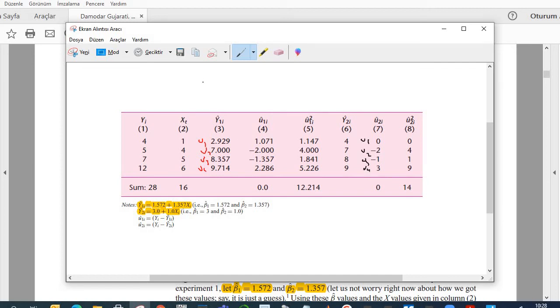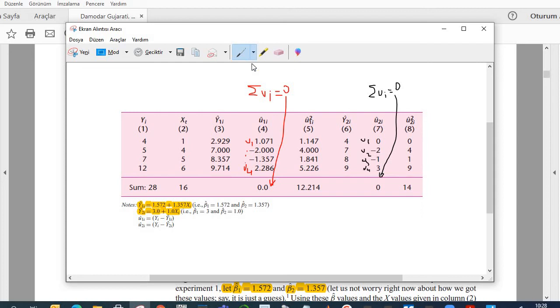Pardon me, these are the y's, so let me write it again. These are the y's for the first computation. From these computations, the sum of the residuals is 0, and for the second one, again, we obtain 0. So hypothetically, we see that these will be 0.